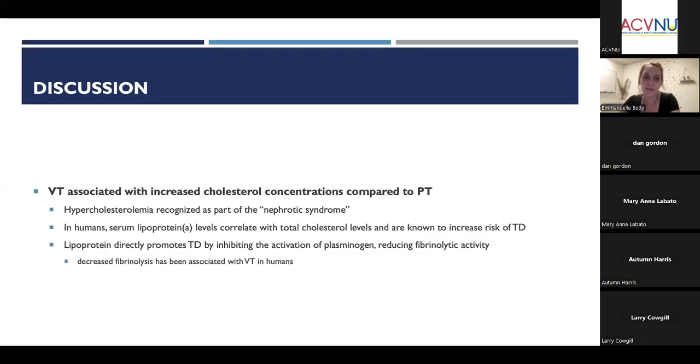And we know that lipoprotein directly promotes thromboembolic disease by inhibiting the activation of plasminogen and reducing the fibrinolytic activity, and decreased fibrinolysis has been associated with venous thrombosis in humans. So all of that could be associated.